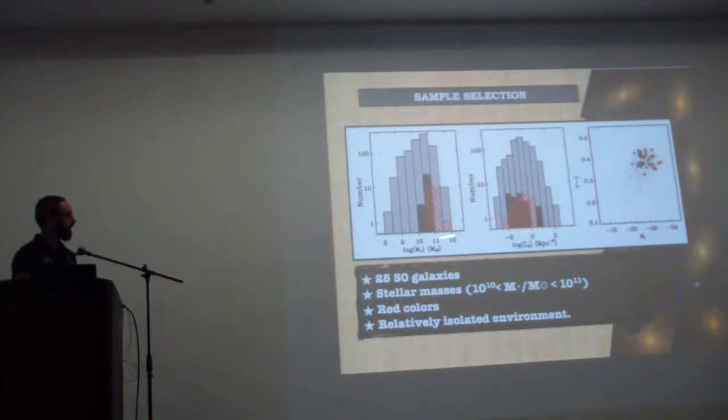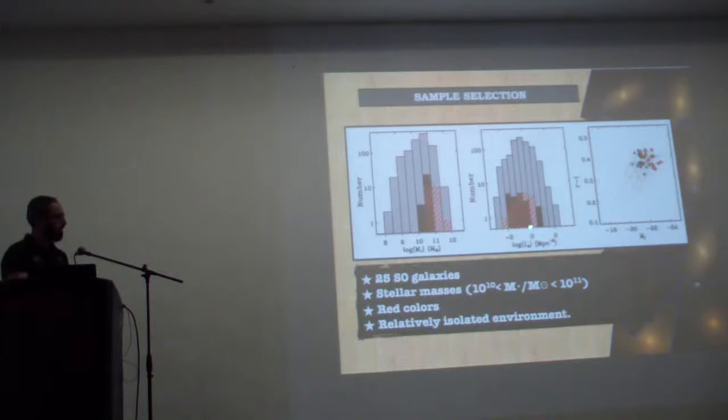Here I show you the distribution of the stellar mass, the local galaxy density, and the color magnitude diagram for our sample. In gray, this is the CALIFA mother sample. In black, this is our sample of lenticulars. And in red, we have a sample of elliptical galaxies also from CALIFA. So as you can see, our sample is representative only of a particular range of masses, from 10 to the 10 to 10 to the 11.